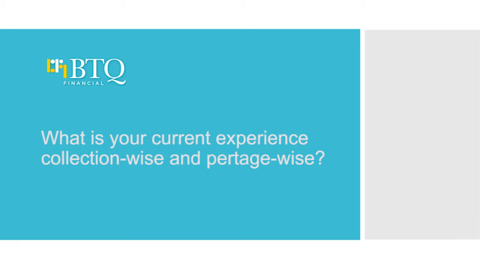Another billing question based on the AR report, we're getting asked what our current experience is collection-wise and percentage-wise. Our current target overall is 92% over 120 days. However, that takes into account that there's a lot of MCO billing and also a significant amount of denials for paid to another health home.